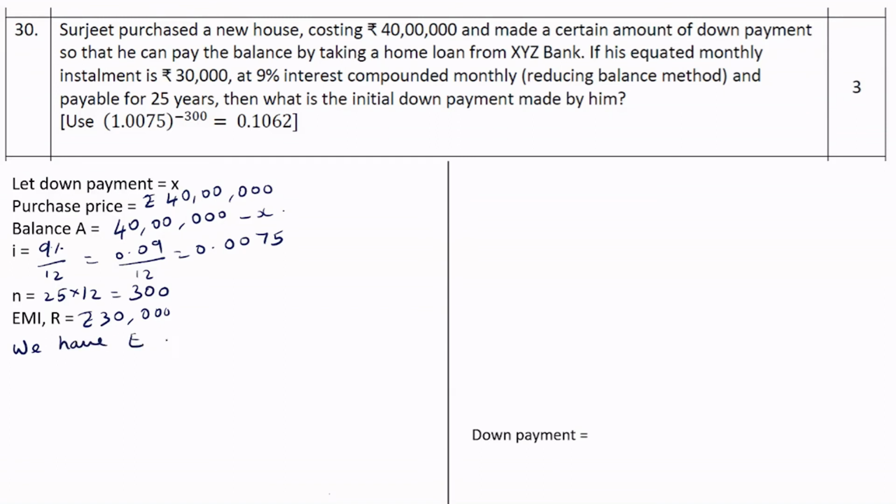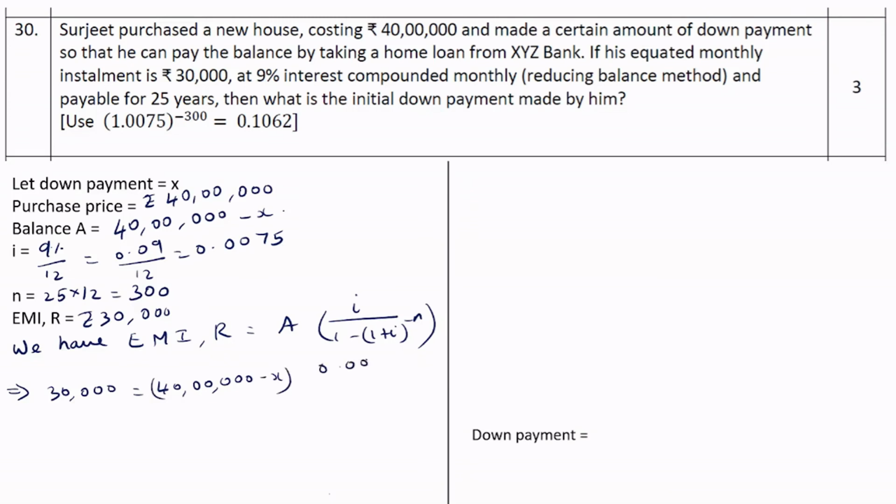We have EMI R is equal to A into i upon 1 minus (1 plus i) the whole raised to minus n. R is 30,000. A is 40 lakhs minus X. i is 0.0075 upon 1 minus (1 plus 0.0075) the whole raised to minus 300.